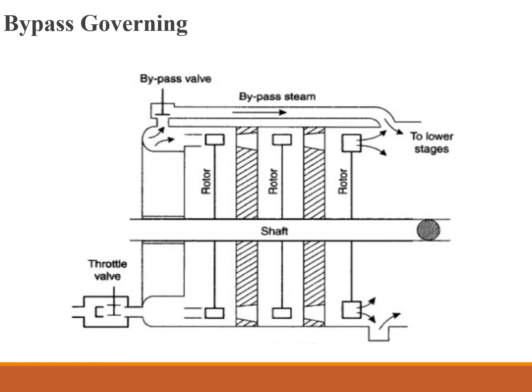This type of governing is not applicable where there is a very small enthalpy drop in the first stage. Also, it is desirable to have full admission in the high pressure stage at economical load so as to reduce losses. Thus, these difficulties are overcome by the use of bypass governing, as shown in the figure.